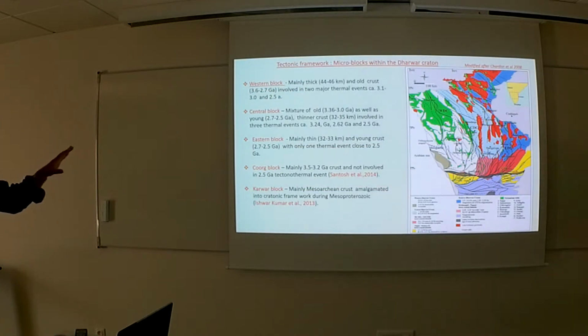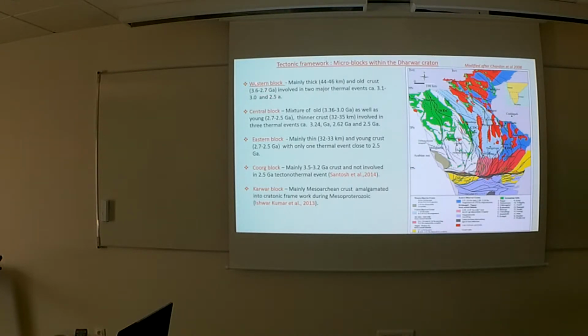Okay, now coming to the microblocks. I just mentioned that more recent studies indicate several microblocks within the Dharwar craton. Based on ages, geochronological data, isotopic data, and also geophysical data, there are many geophysical seismic profiles across the craton that were initiated several years ago.